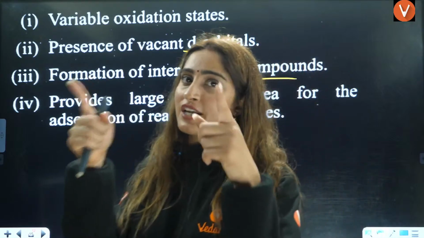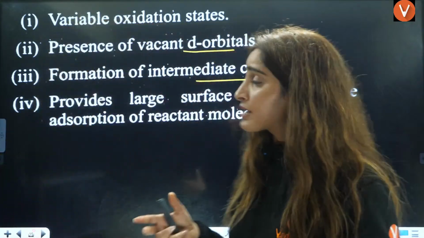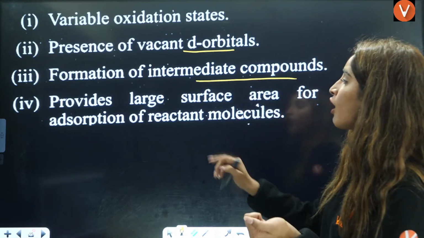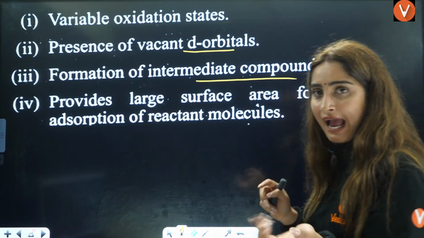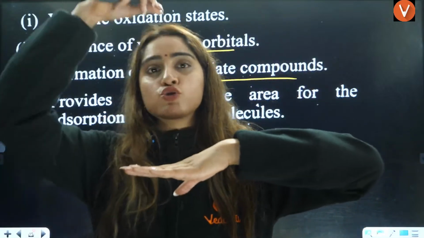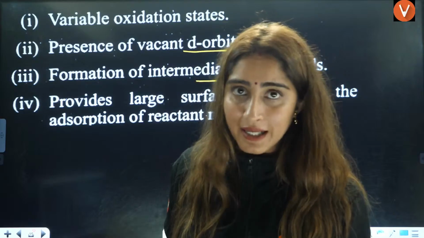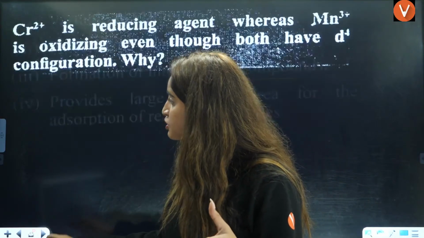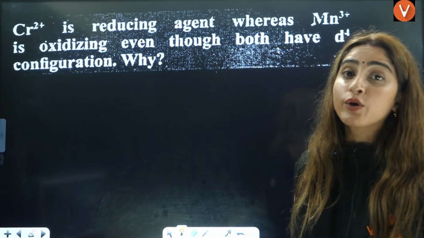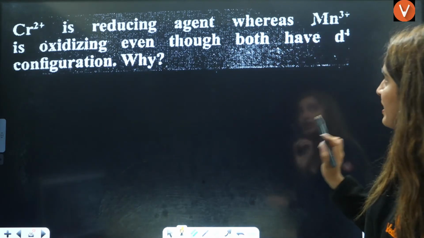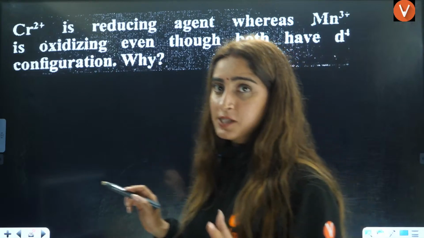Between the oxidation states, intermediate compounds can be formed. It also provides large surface area for the adsorption of the reactant, so that the catalyst can work properly. That is why transition metal elements act as very good catalysts. Very, very important question, multiple times this has been asked.